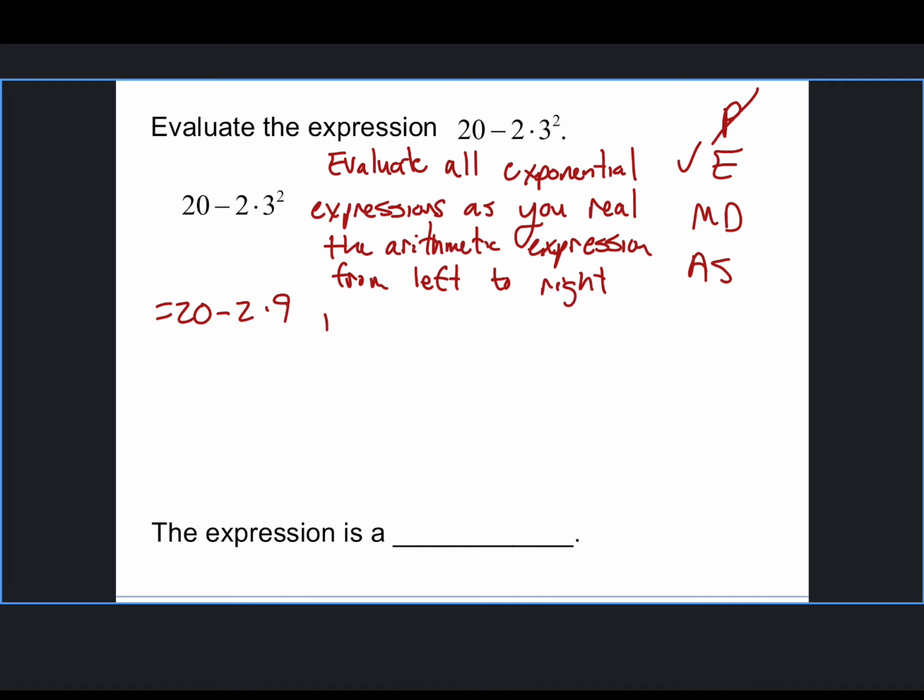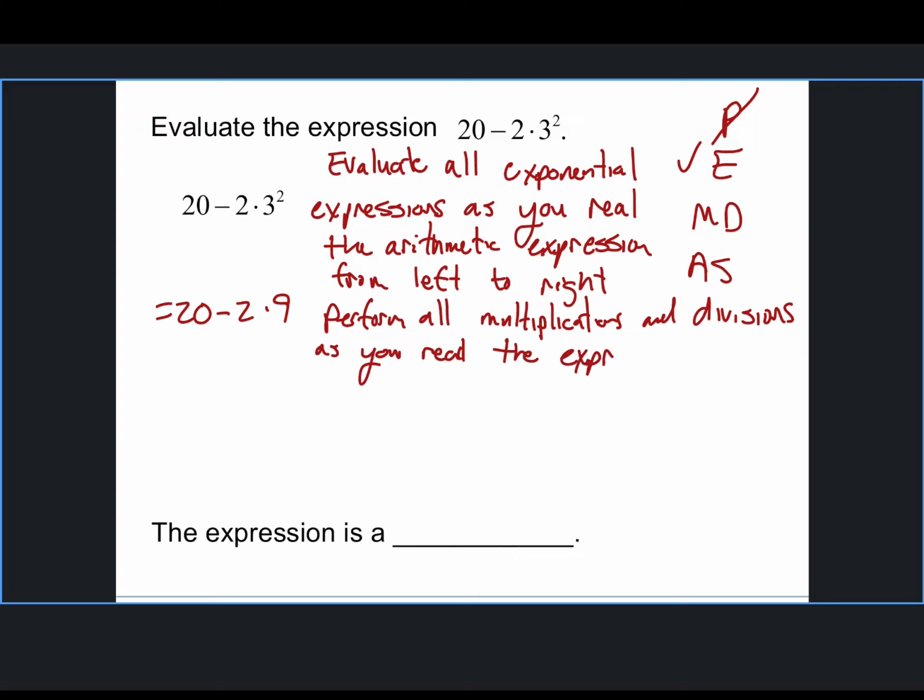So, we're going to perform all multiplications and divisions as you read the expression in what order? From left to right.